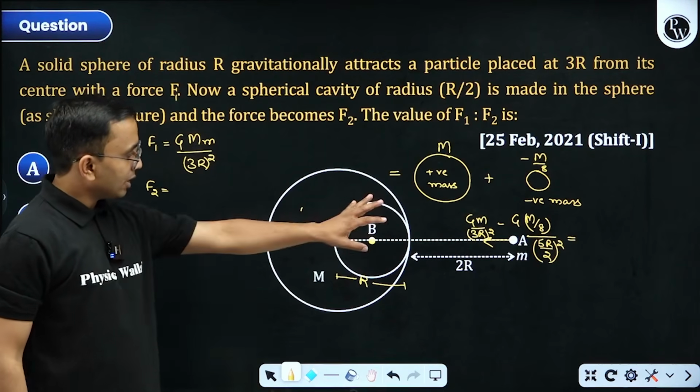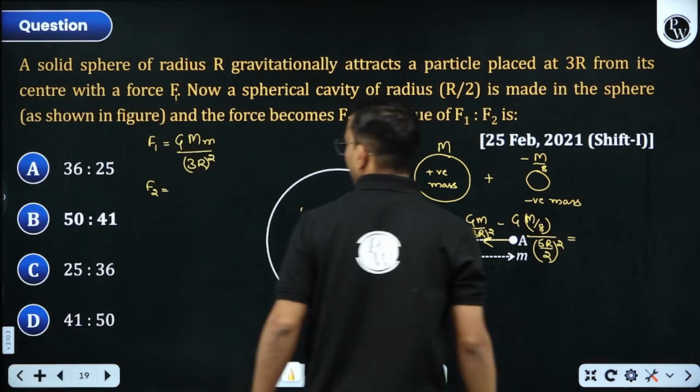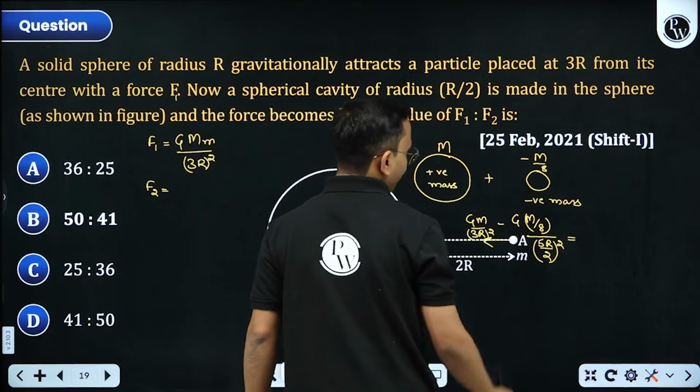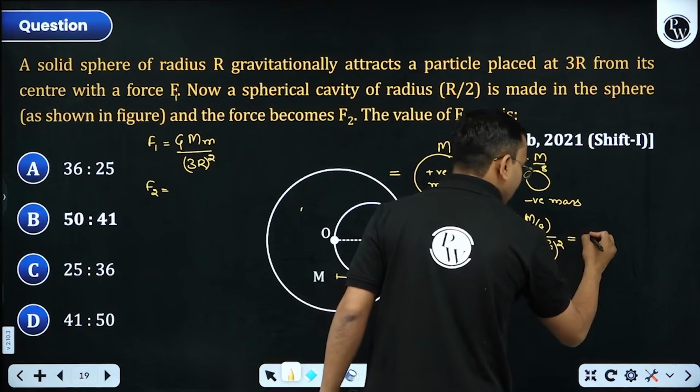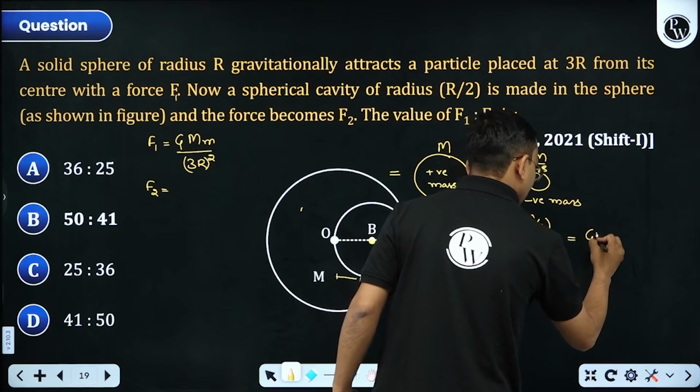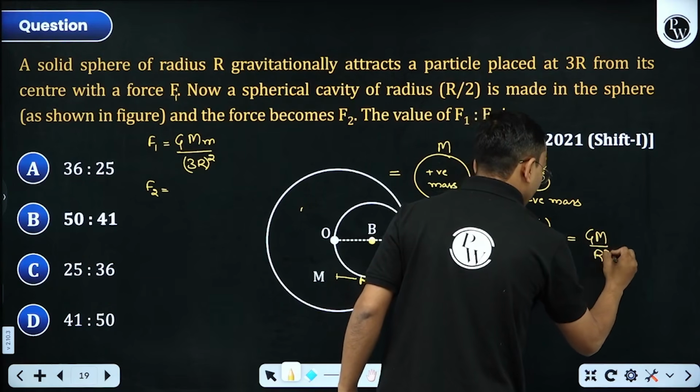Now let us take GM by r square common out here.